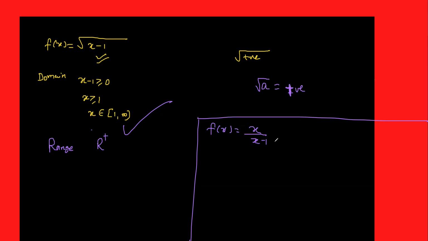So domain will be any real number other than 1. Why? Because whenever you put 1, the denominator becomes 0, and you know the denominator is never 0. So this is domain.